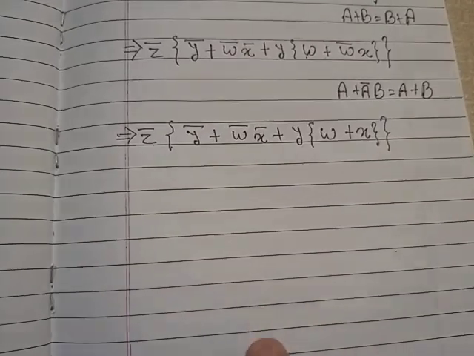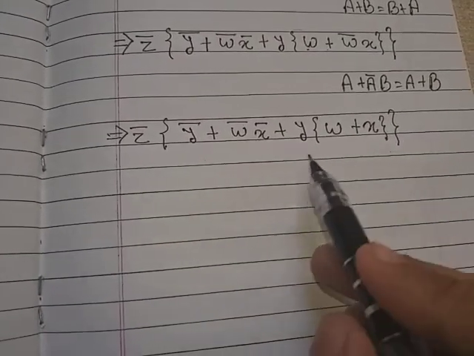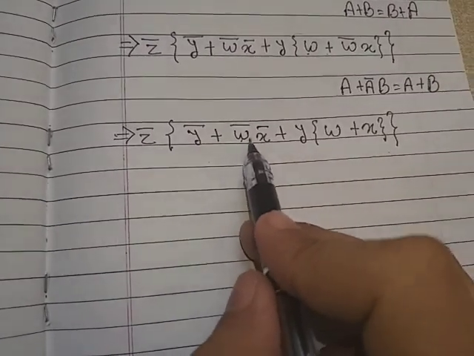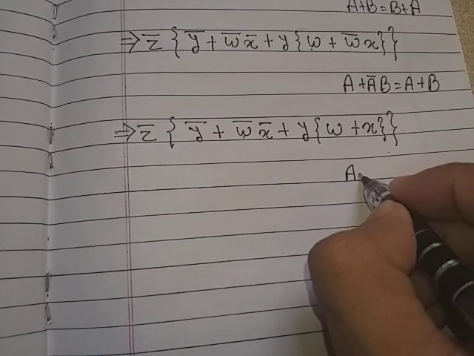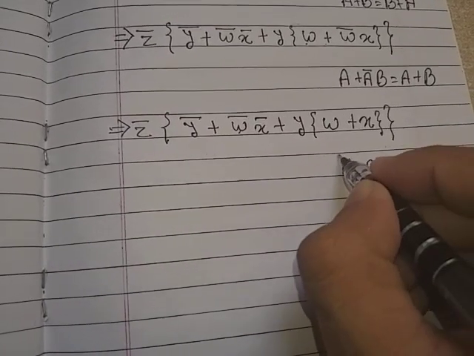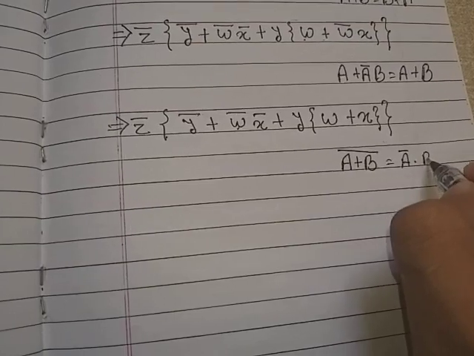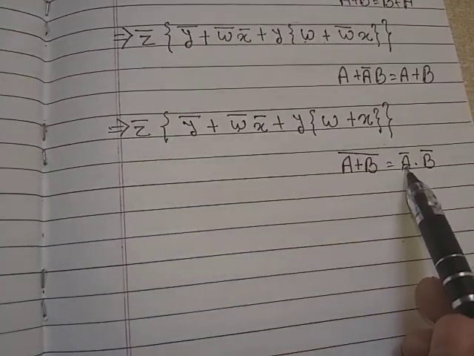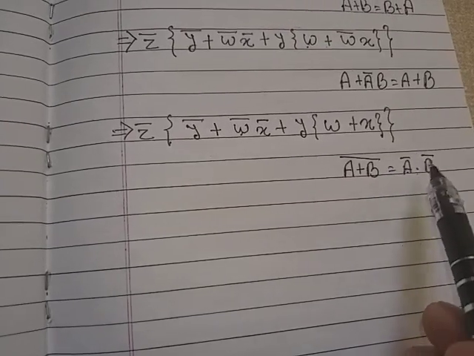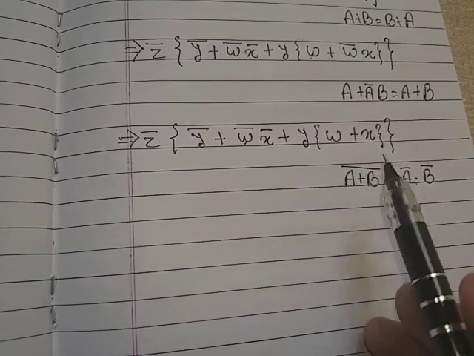Next we have w bar x bar. As we know, a plus b to the whole bar is equal to a bar dot b bar. Now we have this expression in a bar dot b bar form, so a bar dot b bar is equal to a plus b to the whole bar.